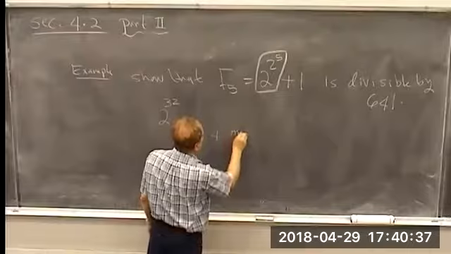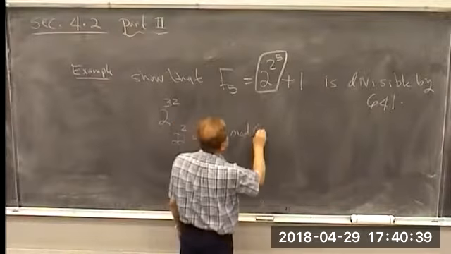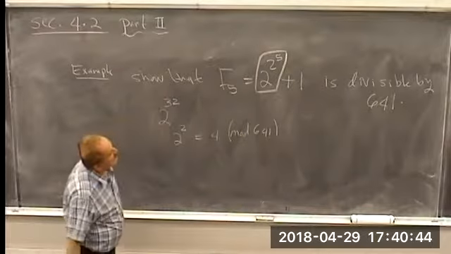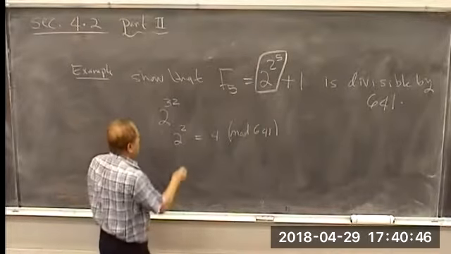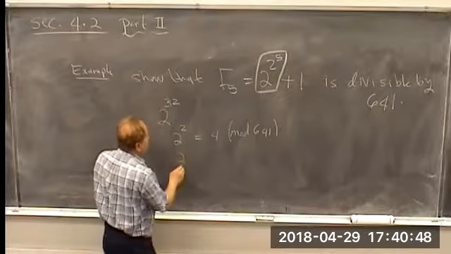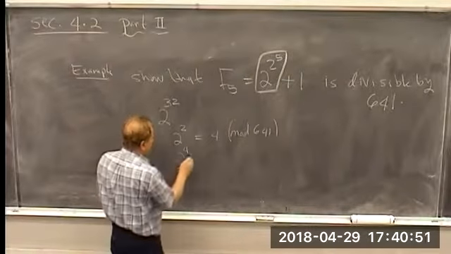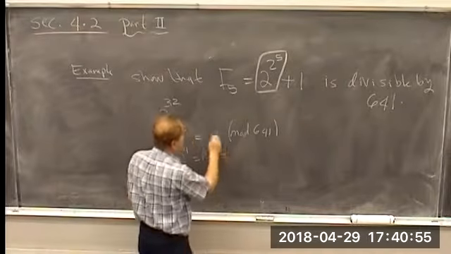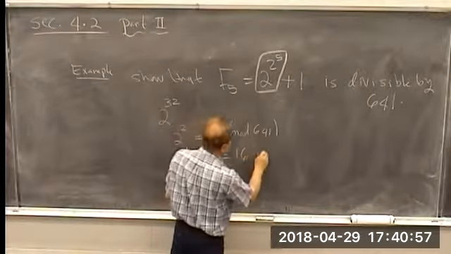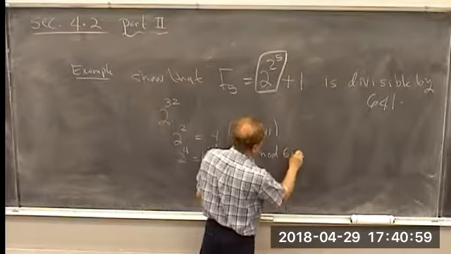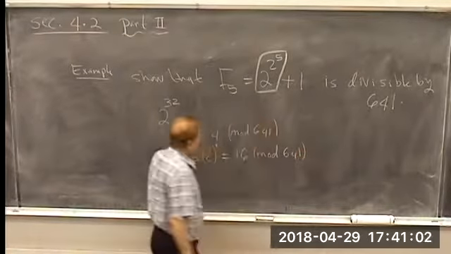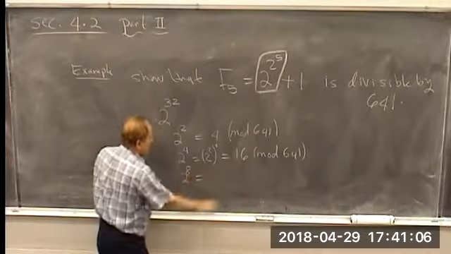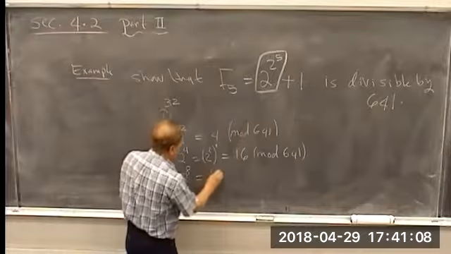And you put this mod 641. So we're going to do reduction mod 641. Then we're going to take 2 to the 4th, and this is actually 2 squared, which means we're going to just square the 4. And then we can take 2 to the 8th, which means squaring the 16.